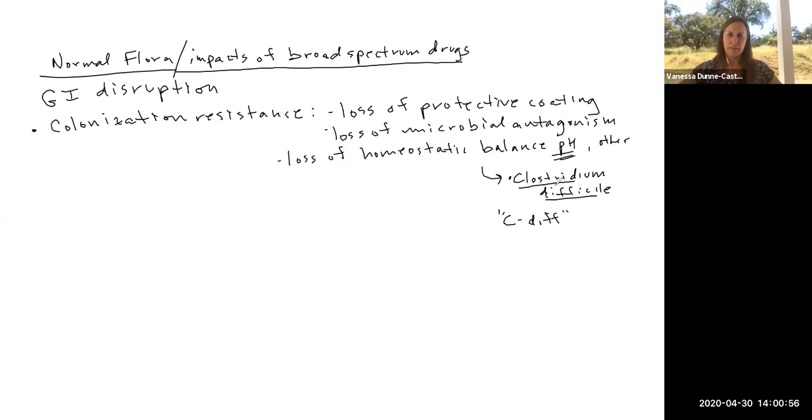C. diff infections are caused by this particular spore-forming pathogen. Because of the loss of protection from the colonization resistance of normal flora, with broad spectrum antimicrobials we become super susceptible to a C. diff infection, which can be extremely devastating and take many, many years to clear out of the body. In fact, we'll hear about this in some of our microbiome presentations coming up soon.